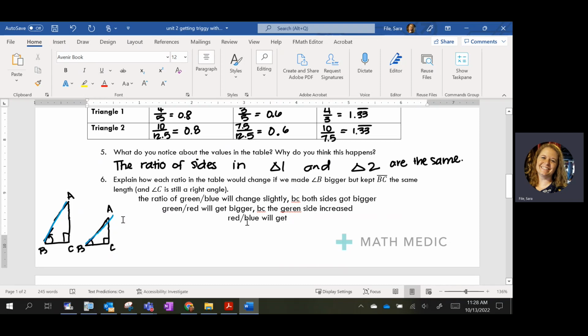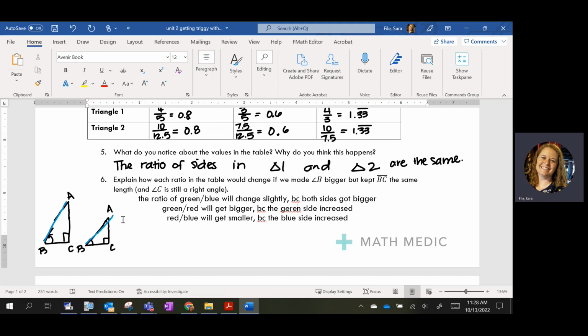If you have a fraction, so let's say 1/2, and then I make the denominator bigger, so 1/4, is that a bigger or a smaller number? Smaller. So if the denominator is getting bigger, the actual ratio is getting smaller. Okay, it will get smaller because the blue side increased.